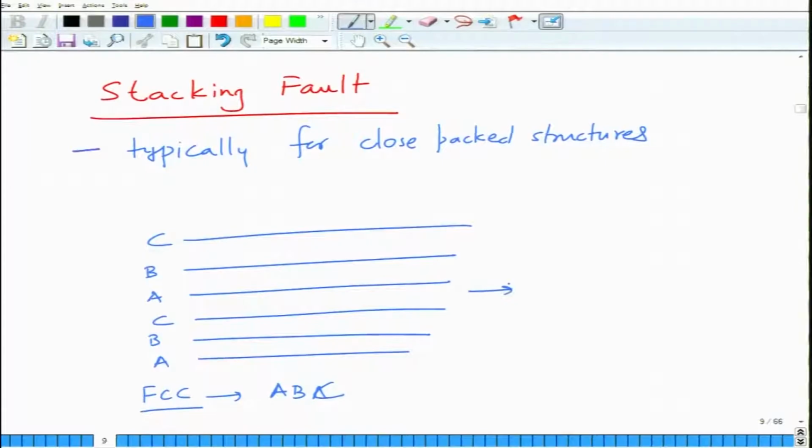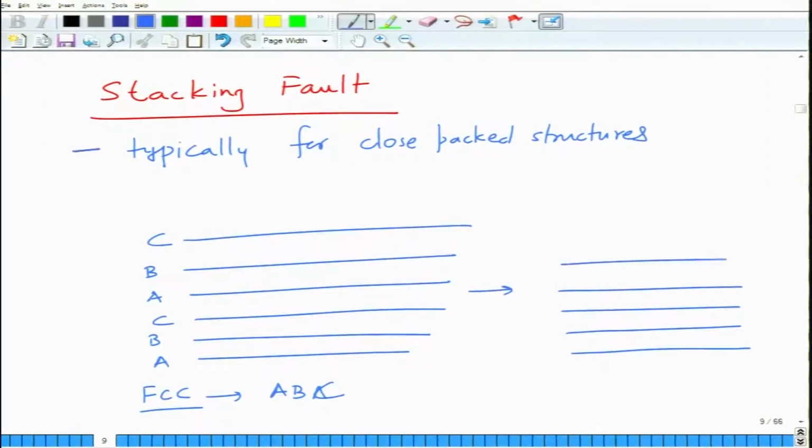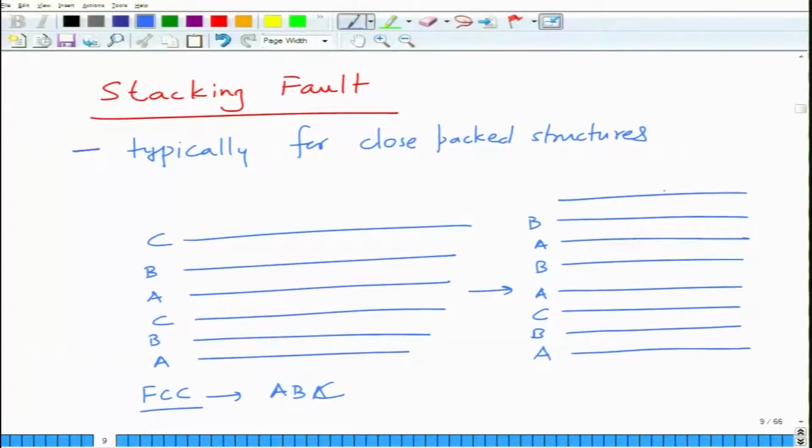Now, suppose I introduce a stacking fault, it may appear something like this. You have A, B, C, A, B, then again it could be A, B, A, B before it becomes ABC, ABC again.